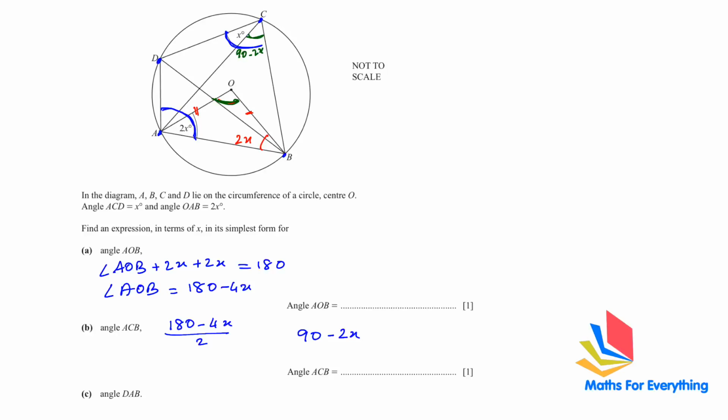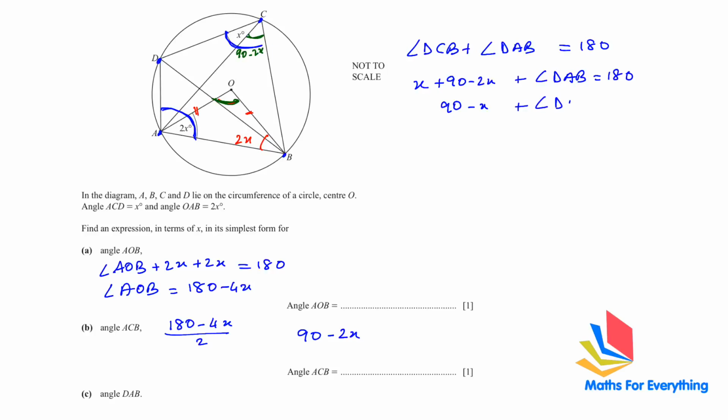So angle DCB plus angle DAB equal to 180. We already know what is DCB. It is x plus 90 minus 2x, plus angle DAB is equal to 180. 90 minus x plus angle DAB is equal to 180.